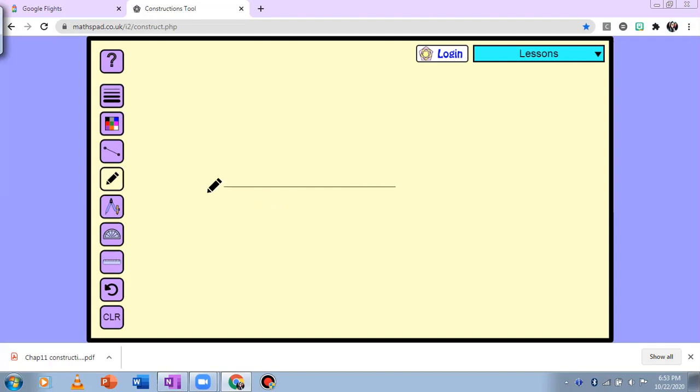Let's name the line segment AB, and I can write down that AB here is 7.6 centimeters. This is the first step: draw the line segment of the given length.